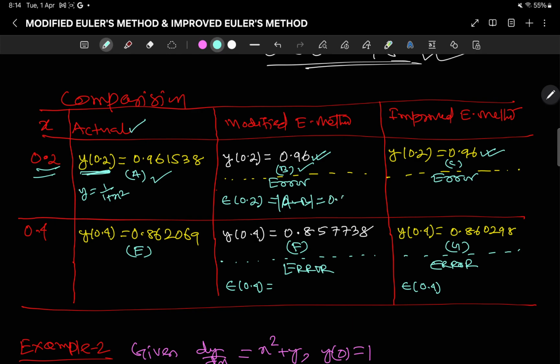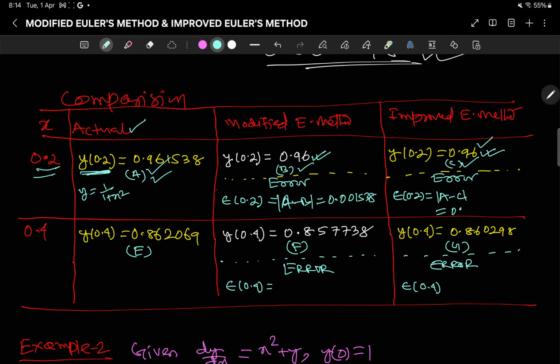So it is 0.001538, and here also the error is the same. So the error at 0.2 is your actual a minus the numerical c. To avoid the negative sign, I take the absolute value. So I am getting the same error because these are the same.